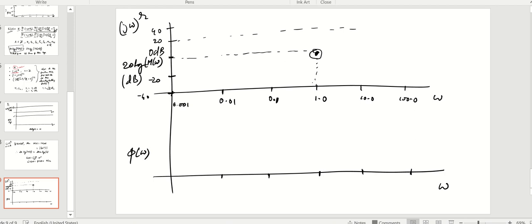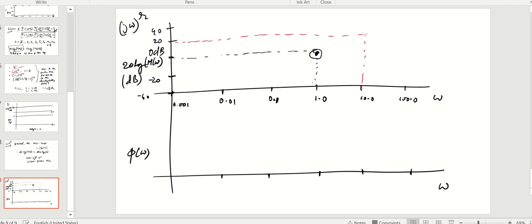I'm sorry, I should use different colors probably. Right. So this is for r is equal to 1.